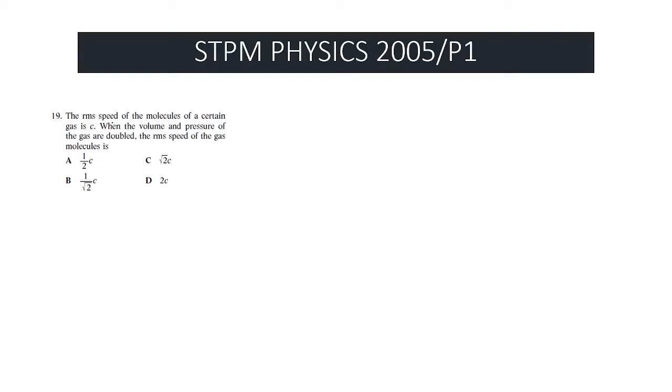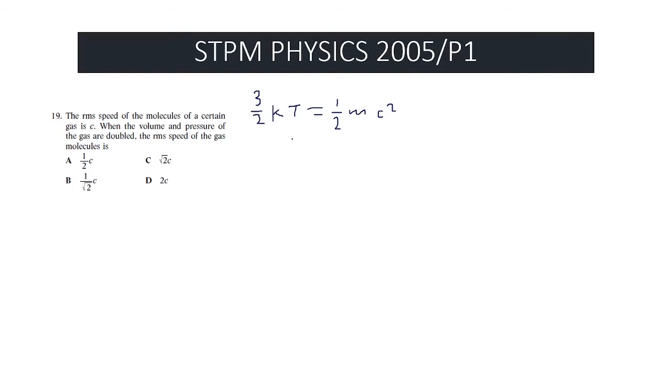The RMS speed of the molecules of a certain gas is C. When the volume and the pressure of the gas are doubled, the RMS speed of the gas molecule is. So now we first have to write down the formula. We let the temperature T with the RMS speed C. So this is a formula.